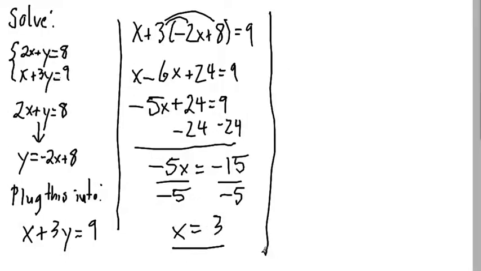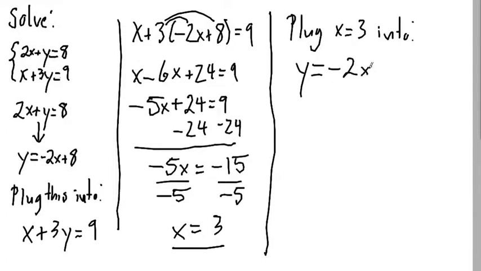So now I've gotten x. Now what we do is we take this value and we put it back into this equation right here. Why? Because this is an equation which tells us what y is in terms of x. So we plug x equal to 3 into y is equal to negative 2x plus 8.